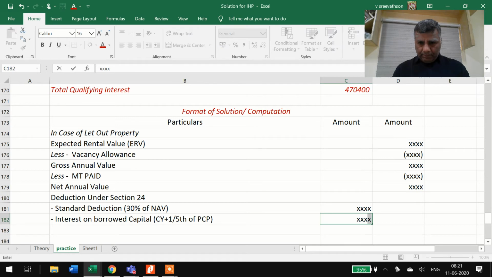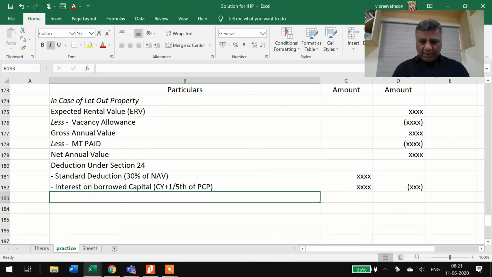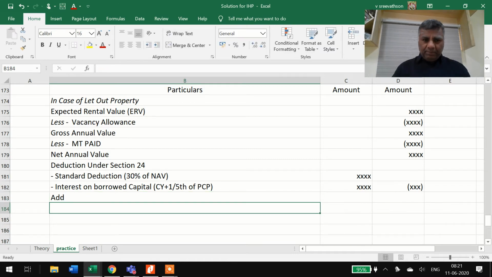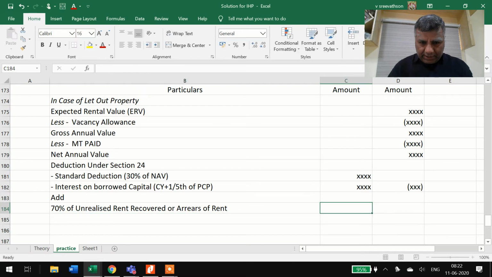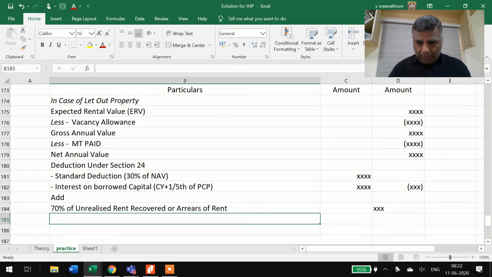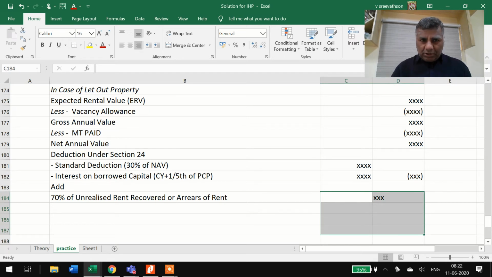Okay, the total will go to the outer column. One more step, never forget this: 70% of unrealized rent recovered or arrears of rent. Now you all know why 70%, because 30% goes as standard deduction.